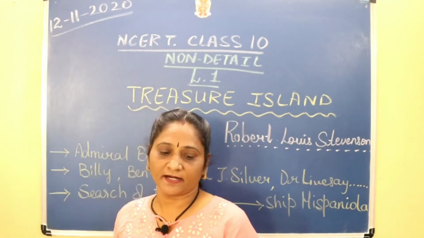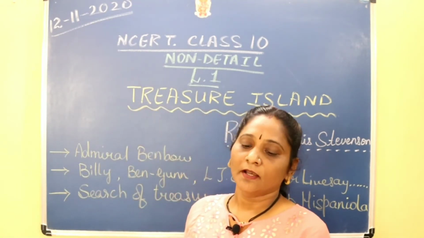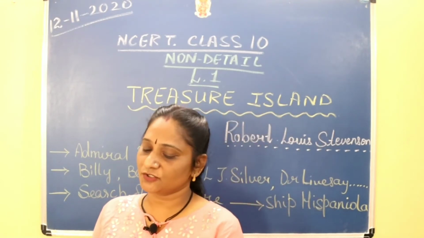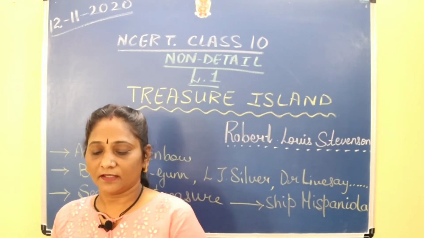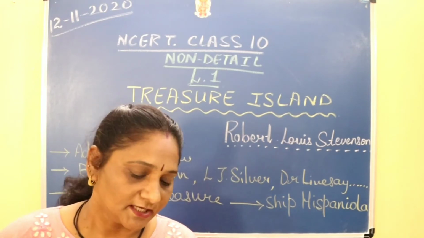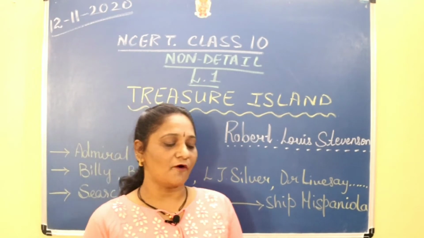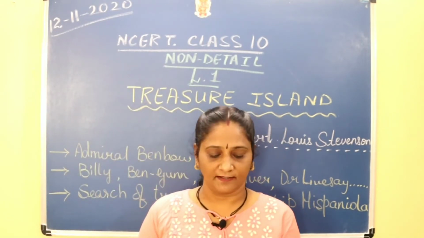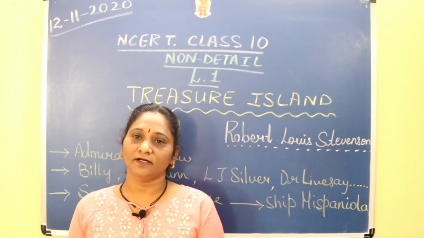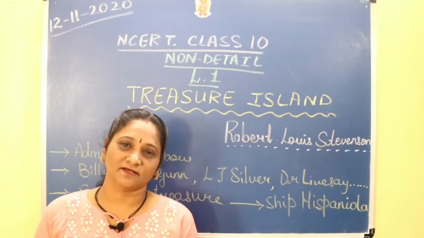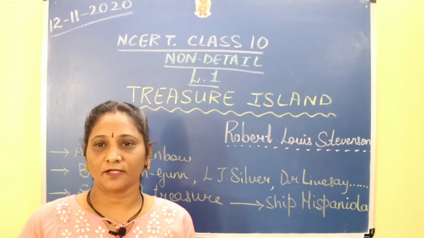Coming to page number 118, the ship Hispaniola set sail that evening and soon made progress. Even in the heavy seas, the ship moved smoothly and all the crew members performed their duty very well. Long John Silver, that is the cook, had a parrot as his pet. We all have pet animals, a dog, a cat.